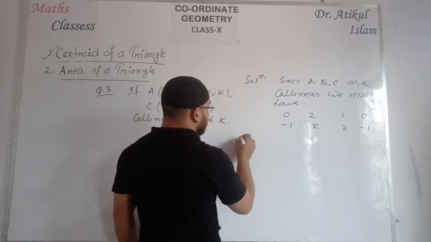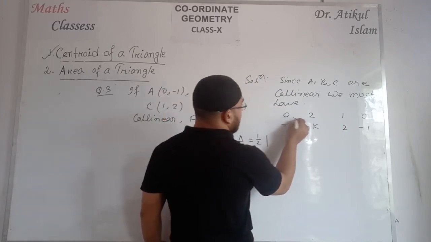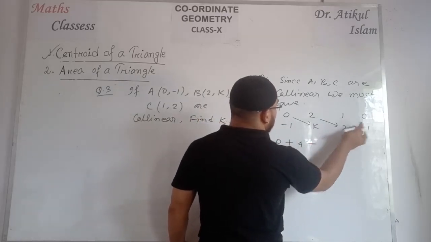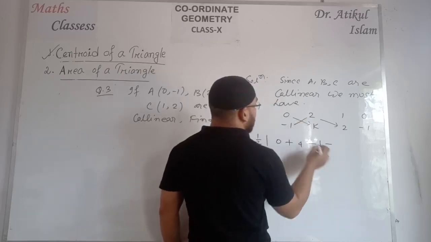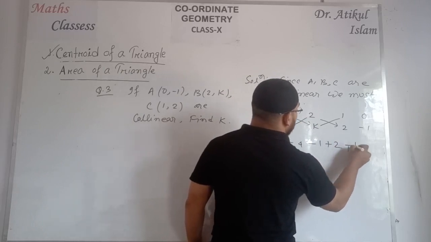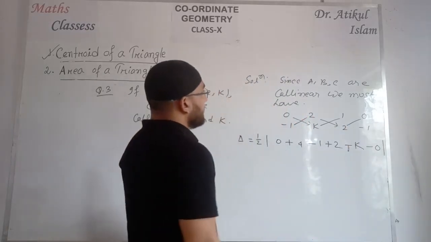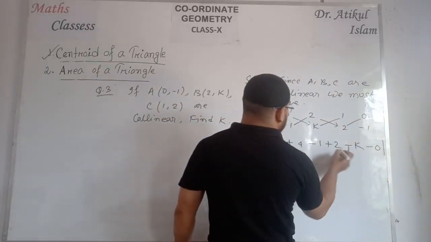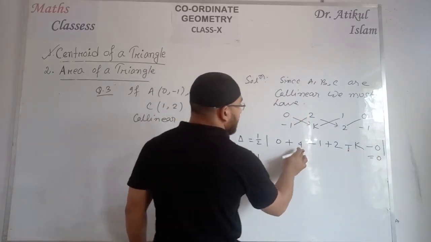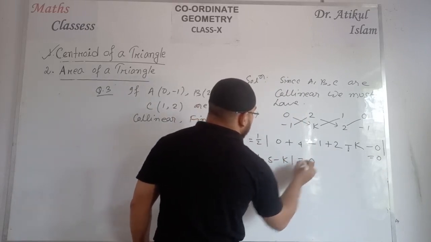So write first here delta. So this is half of modulus of 0 plus 4 minus 1 minus this one is plus 2, this multiplied by minus k, this one is 0 modulus. This should be equal to 0. So then here 4 plus 2 is 6, so modulus of 5 minus k equals 0.